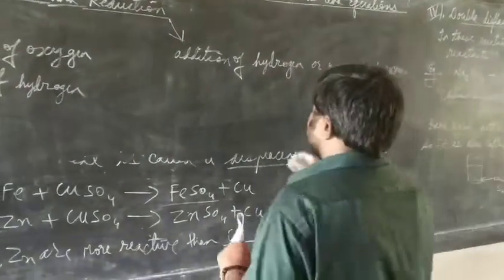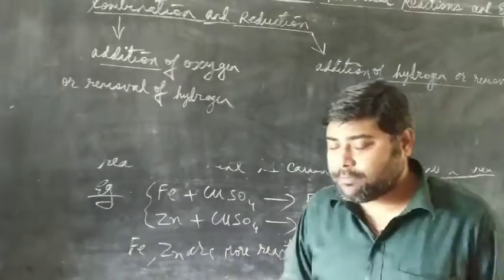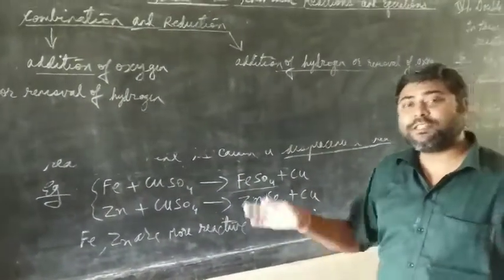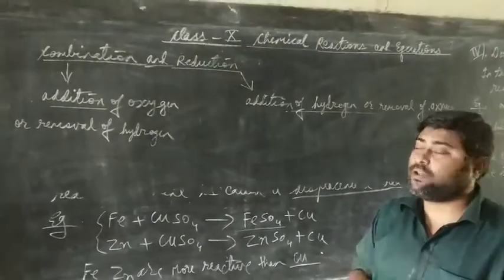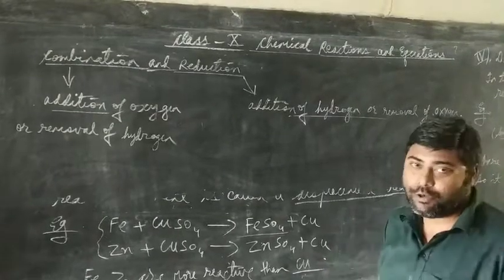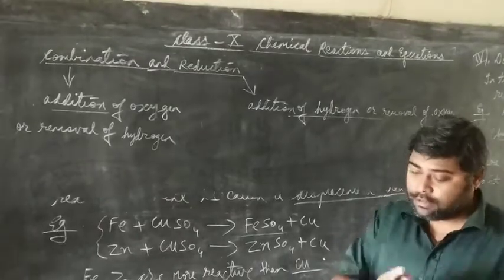Okay, just simply keep this in mind. Now sometimes it happens that both the processes take place in a single reaction. Then such a type of reaction is called the redox reaction because reduction and oxidation are taking place together. See this example.